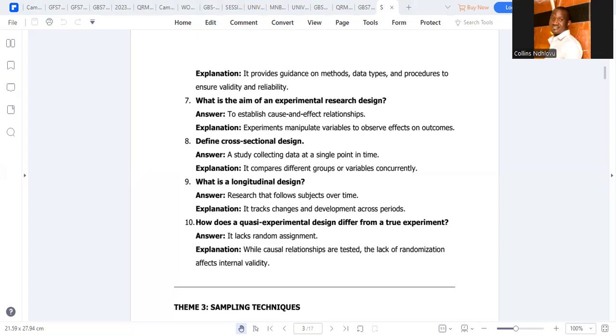It is used to track how variables change over time. Longitudinal studies are mainly for evaluating and understanding effects over time. For instance, it will help you see how one's behavior changes from when they are young to when they are old.